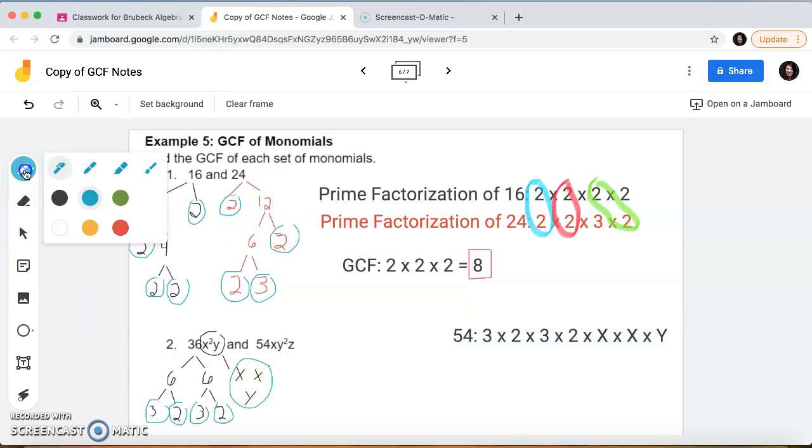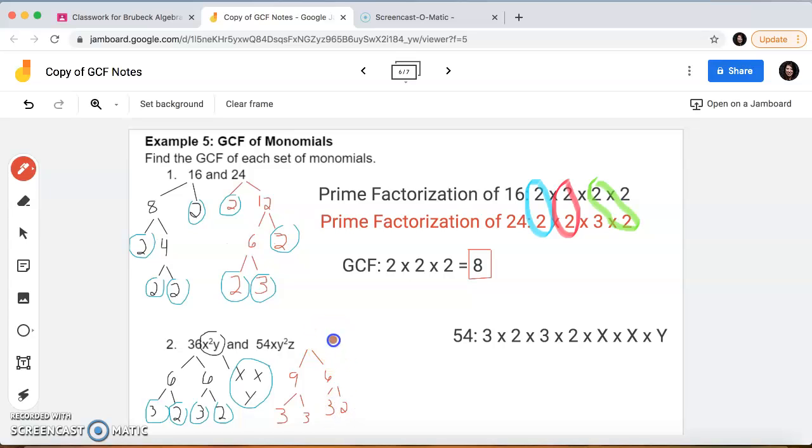And then for 54, I'm going to break 54 down over here like this. I'm going to break 54 down to 9 and 6. So 9 times 6. And then 9 breaks down to 3 times 3, and 6 breaks down to 3 times 2.